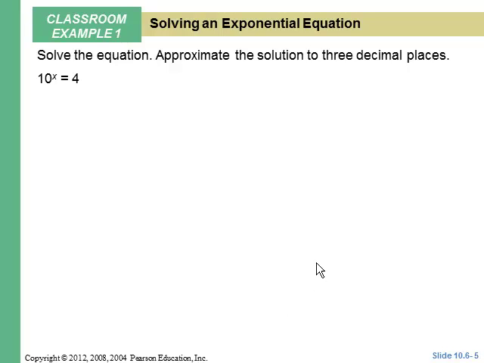So, if you have 10 to the x equals 4, we could rewrite that as log of 10 to the x equals log of 4.